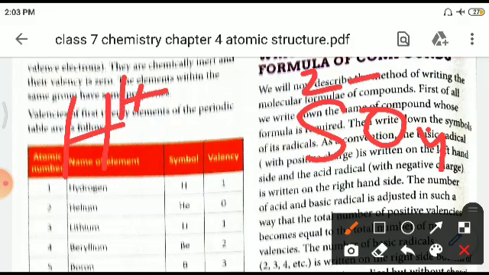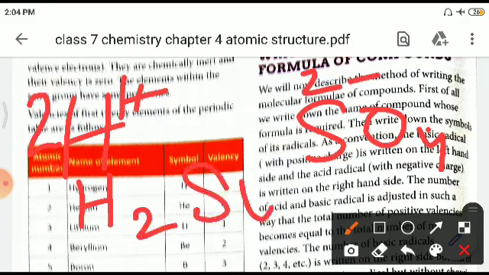To balance the sulfate, I will be using 2 hydrogens. I will be adding 2 before H, and this number is written in front, then it will be written as H2SO4, because now the charges are balanced.